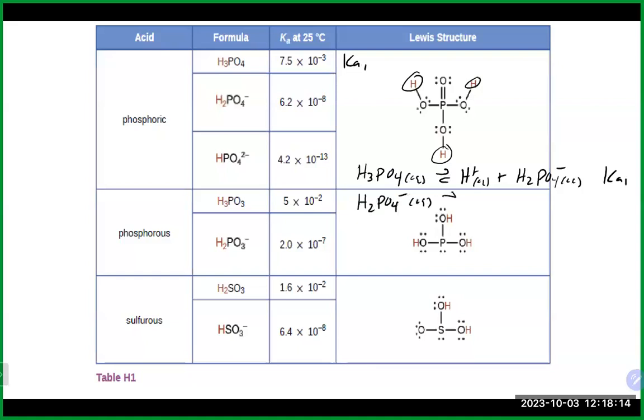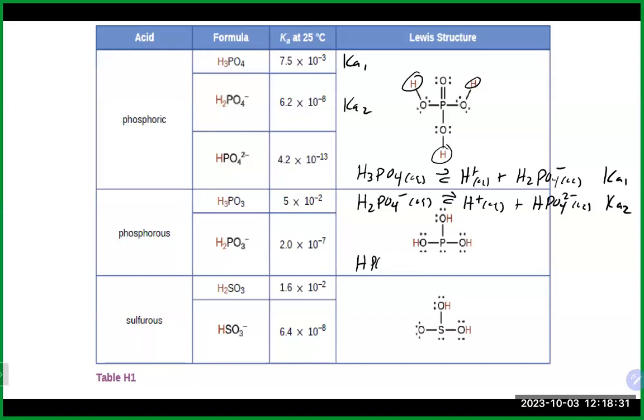Then what would happen is the H2PO4 minus will dump off the next H plus and be left with HPO4 2 minus. And that would be your Ka2 value that you would find in this table for the second hydrogen coming off. And lastly, the third hydrogen would come off at this point.